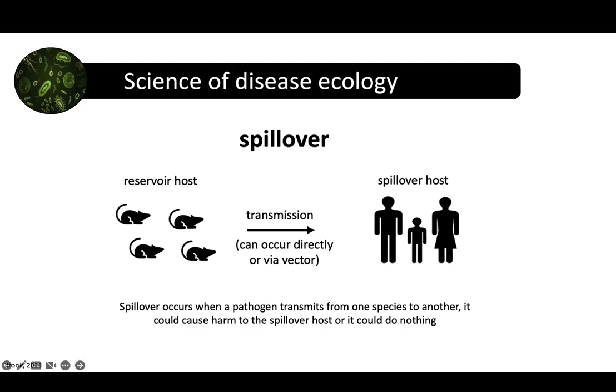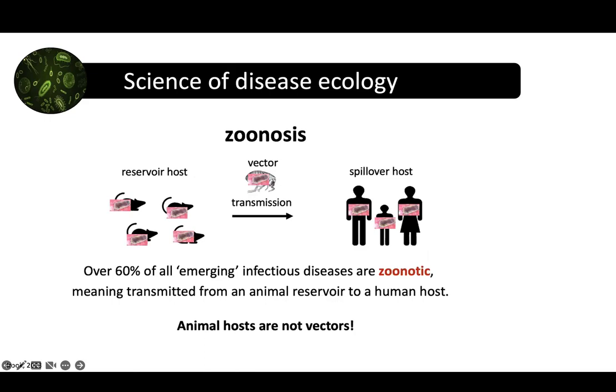And as we mentioned before, disease ecology cares about environmental impacts and how the microbe spreads. So things such as deforestation could remove natural habitats of reservoir hosts and allow for more interactions with a spillover host, such as a human.